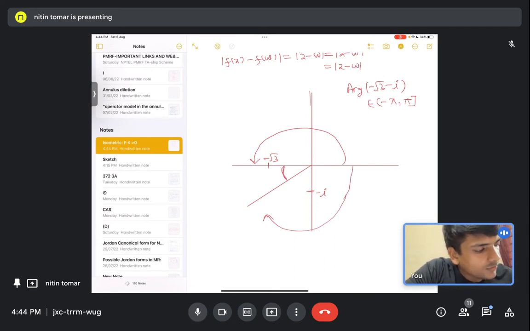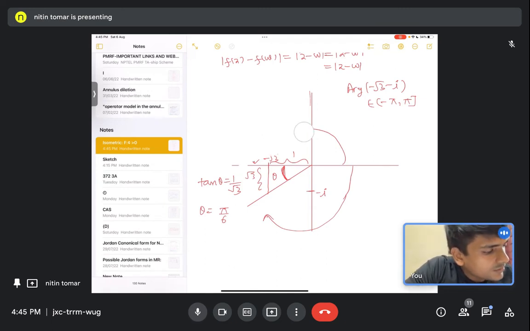This angle you can find using trigonometry. If this is theta, then tan theta will be equal to, this length is 1 and this length is root 3. So tan theta will be 1 by root 3, which gives theta equal to pi by 6, 30 degrees, right? So this angle, let me just redraw it again.